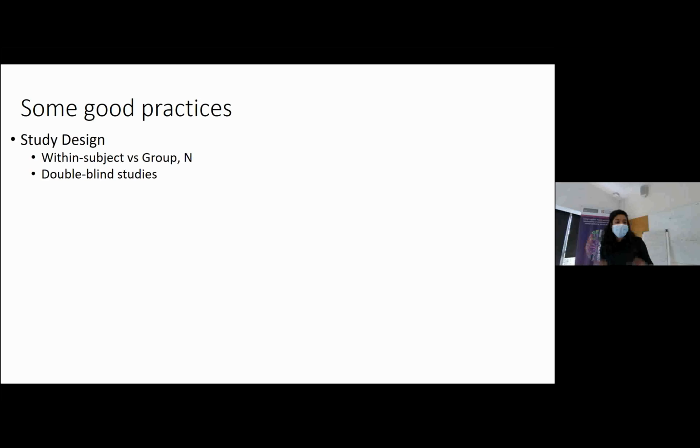So one thing that people need to think about would be the study design itself. As we saw, intra-subject variability is lower compared to inter-subject. So it would be better to have within-subject designs rather than group designs. Also, the number of participants being tested and power is something that many TMS protocols need to think about, because a lot of studies historically have been underpowered.